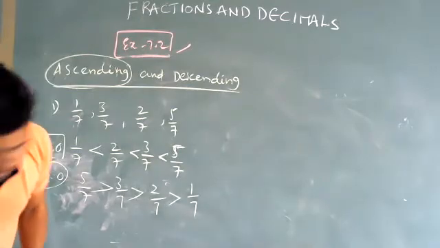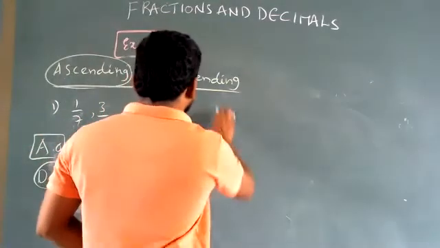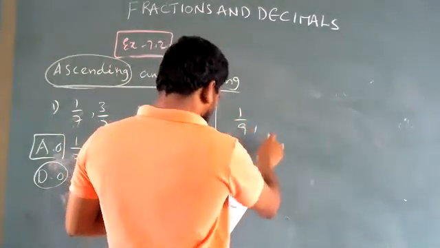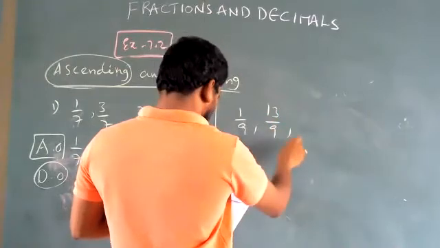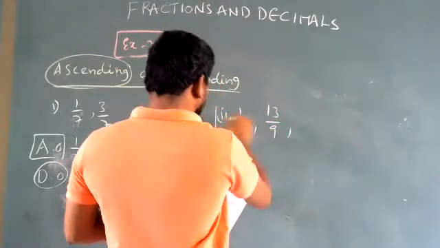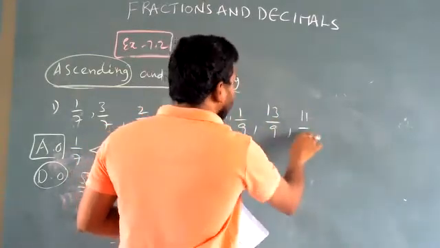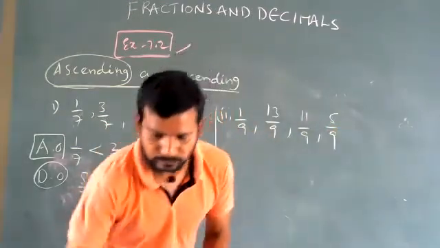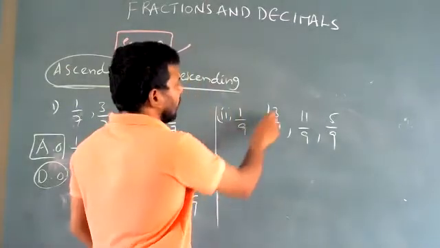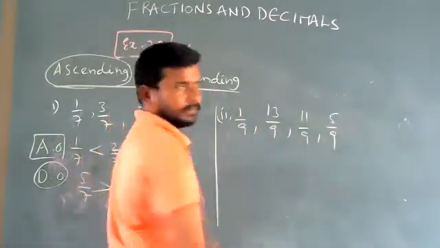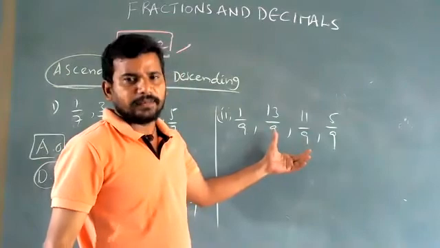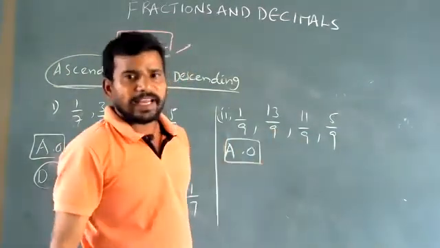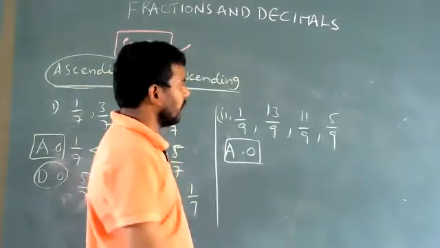Now second problem. 1 by 9, 13 by 9, 11 by 9, 5 by 9. So denominators 9. Now we can arrange in ascending or descending order.